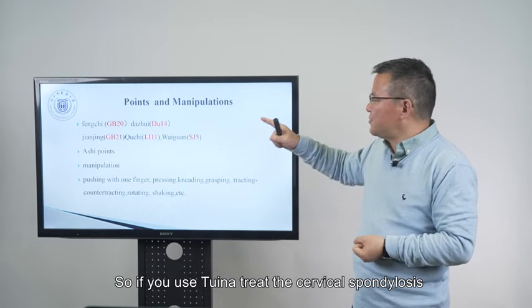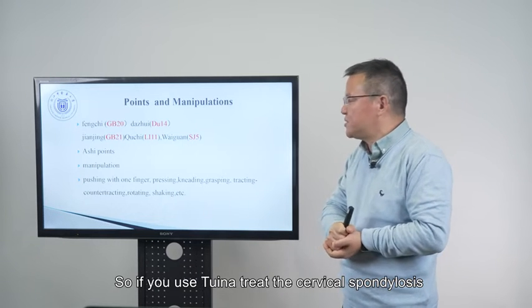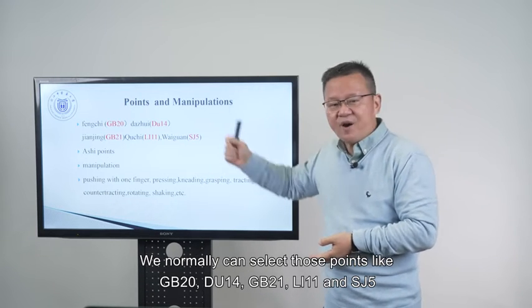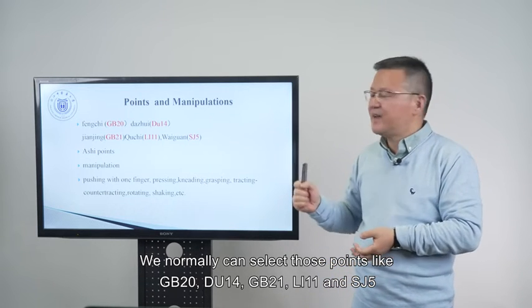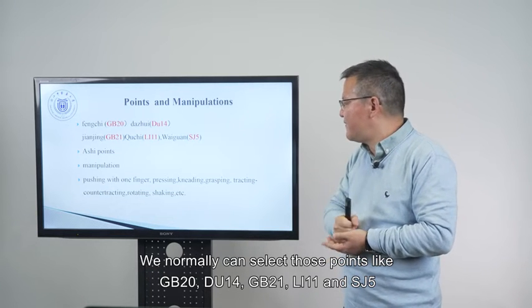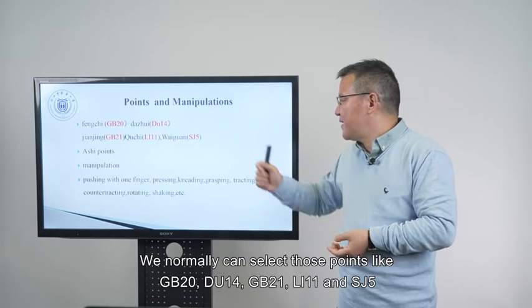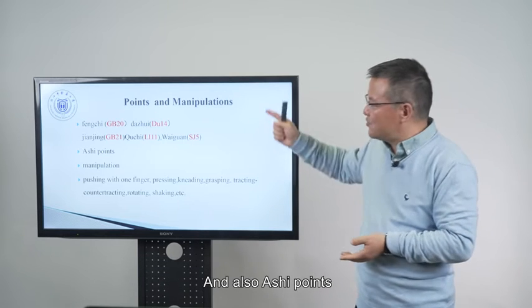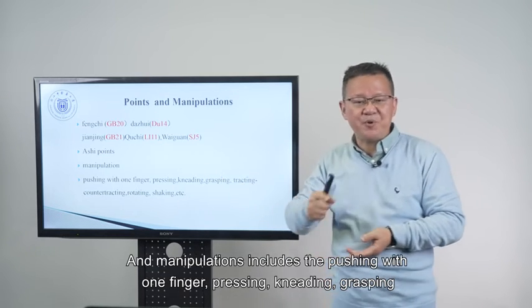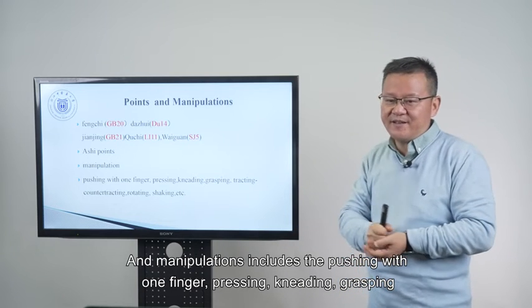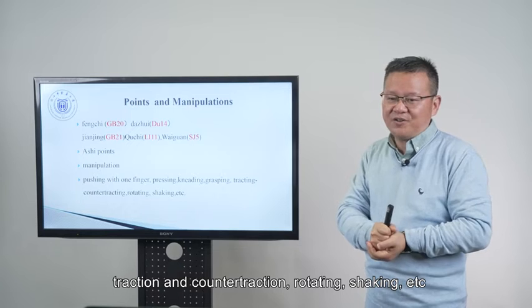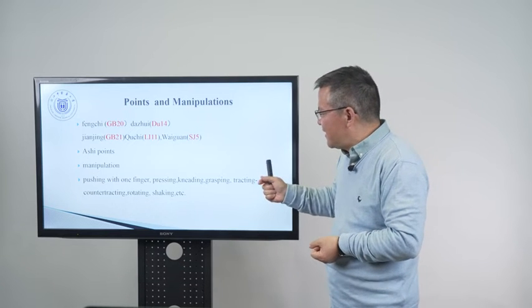So if we use Tuina manipulations to treat cervical spondylosis, normally we can select points like GB20, DU14, GB21, LI11, SJ5, and also Ashi points. The manipulations include pushing with one finger, pressing, kneading, grasping, traction, rotating, shaking, and so on.